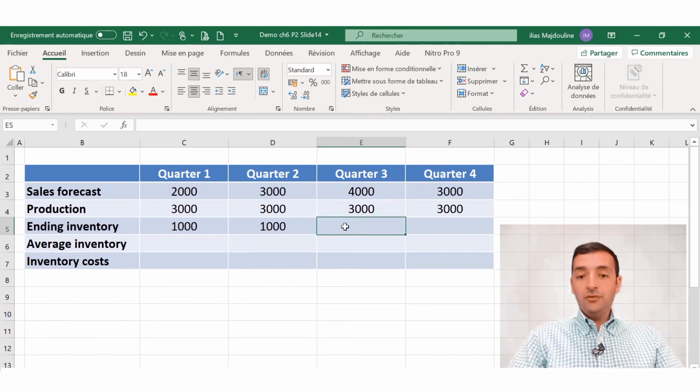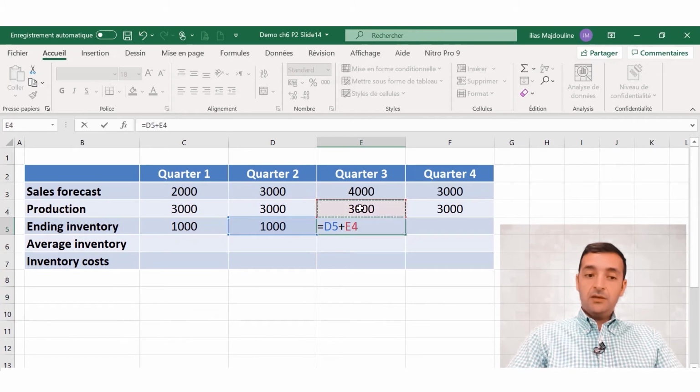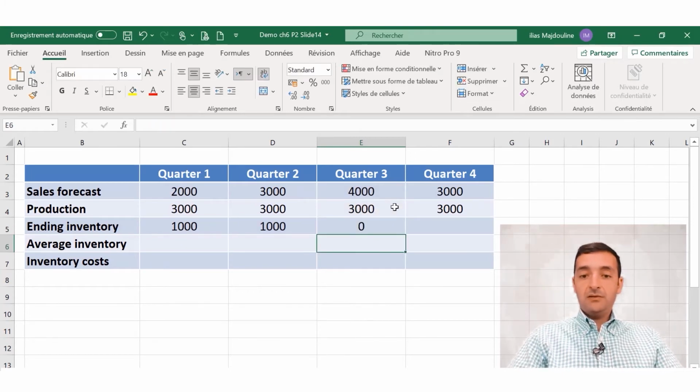Now we go ahead to continue with quarter 3. We will use the same calculation: the ending inventory for the previous period plus the production minus the sales forecast.